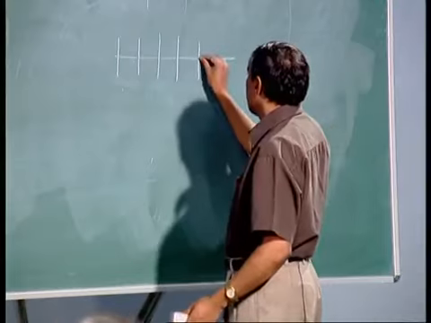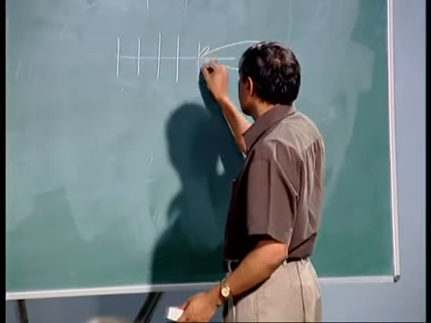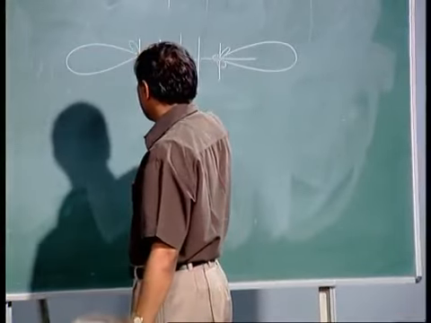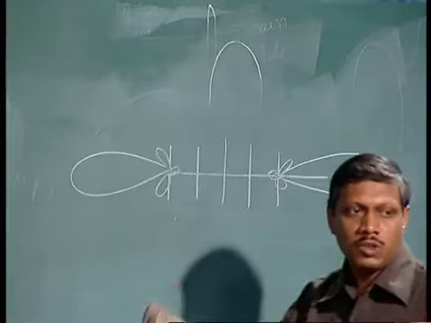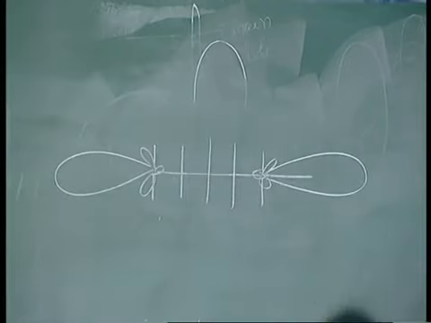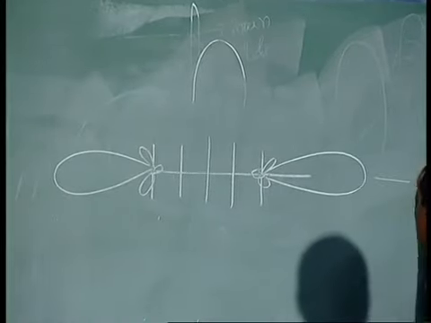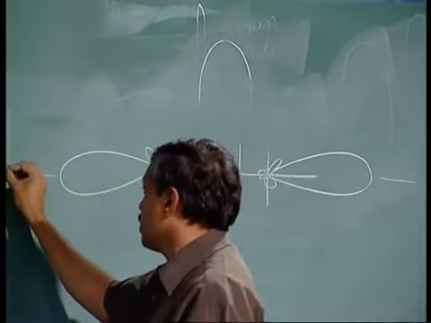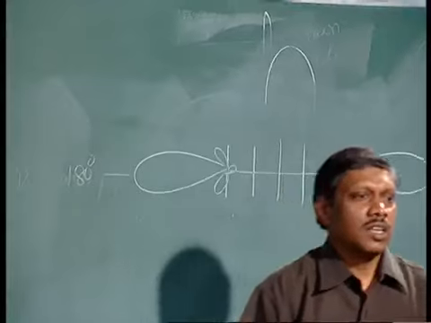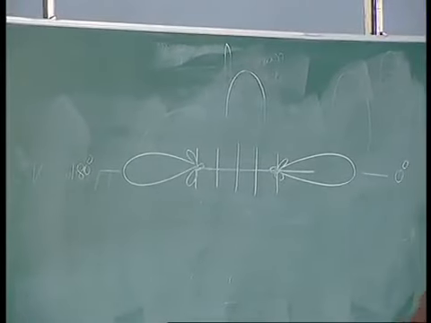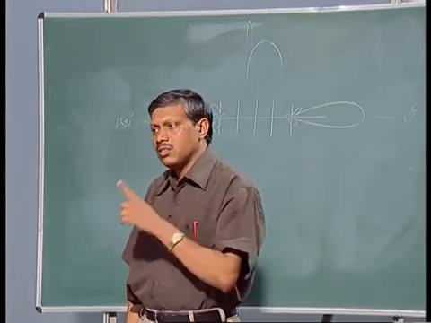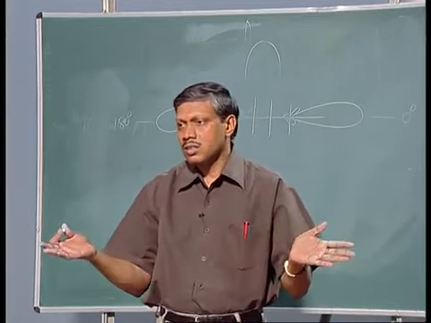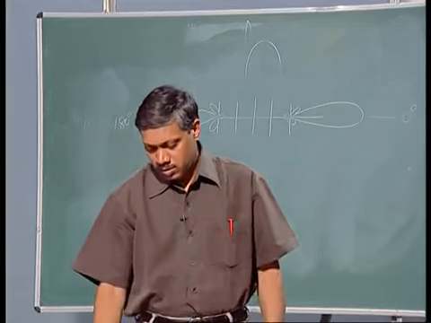That means either in this direction or in this direction or in both. So, it can be bidirectional. If I define this as 0 degree, this will be your 180 degree. So, in an endfire array you will get the maximum radiation either in the 0 degree direction or in the 180 degree direction or in both of these.